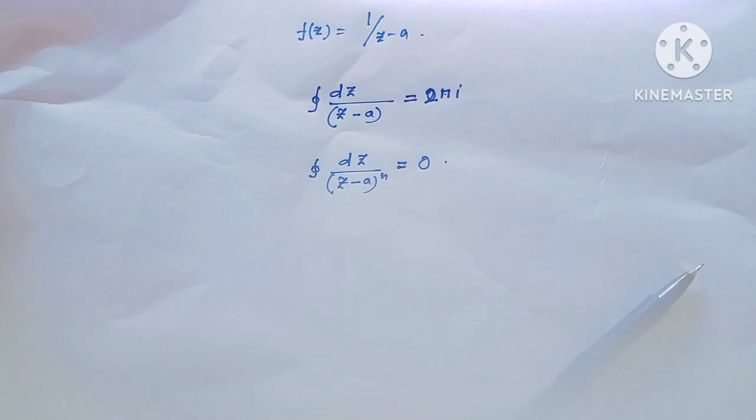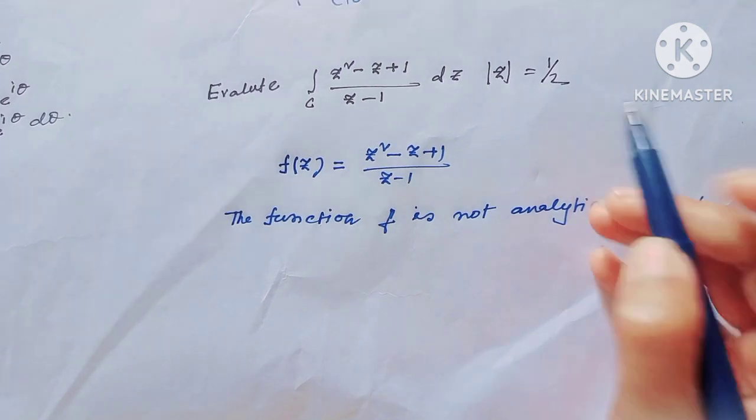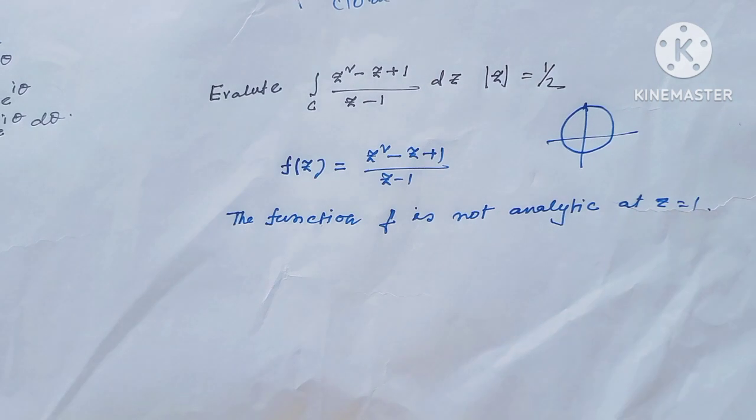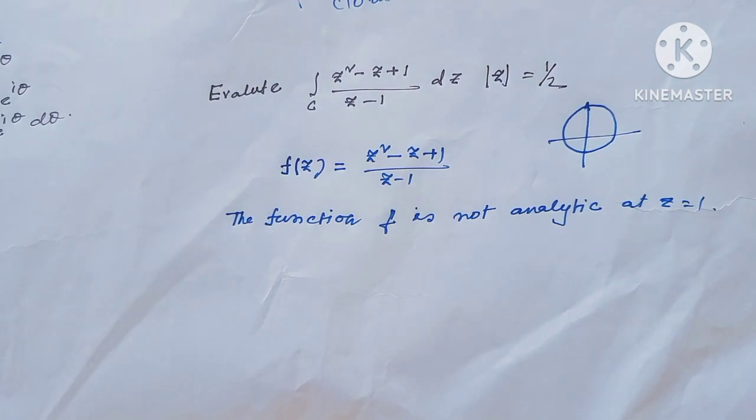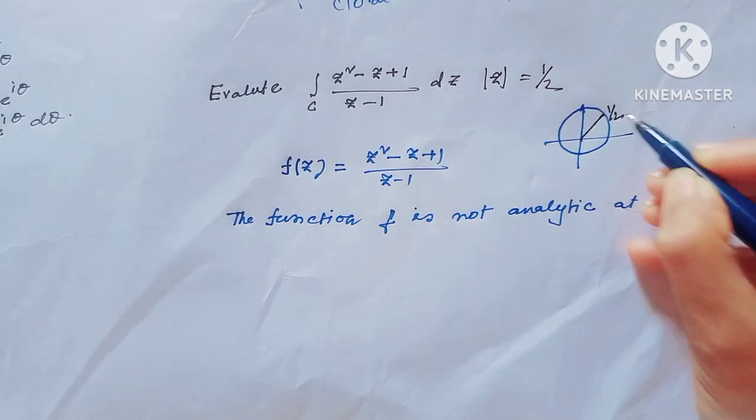Let's see the question. Evaluate the integration (z square minus z plus 1) over (z minus 1) dz on the region mod z equal to half. For this, notice here the center z equal to 0 and mod z equal to half is the radius.